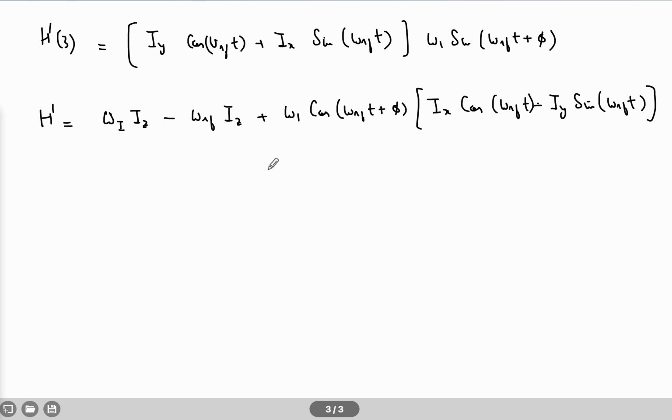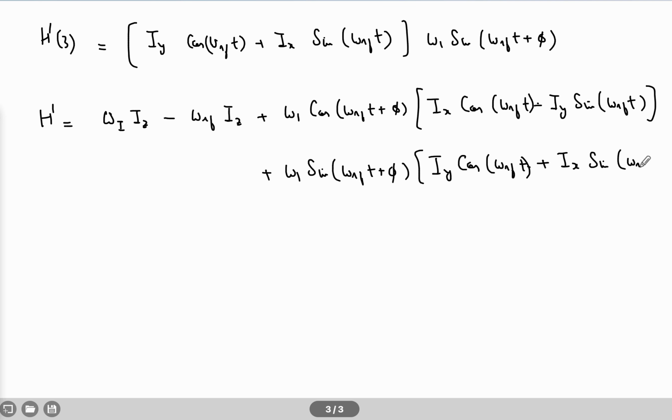And finally the third part, which is omega 1 sine omega rf t plus phi, Iy cos omega rf t plus Ix sine omega rf t.